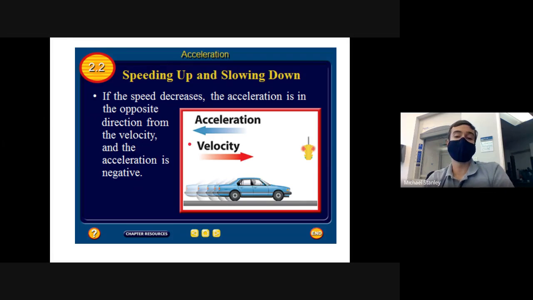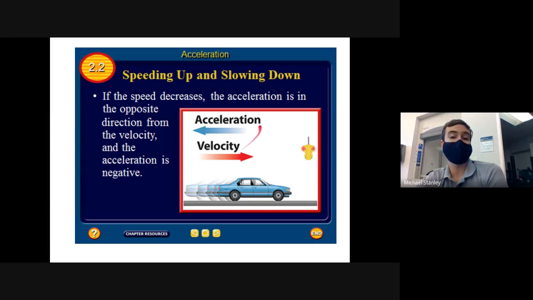On the flip side, if your speed is going down, that means that your acceleration is in the opposite direction from the velocity. So the car is moving to the right, but when you hit the brakes, all that friction in the wheels that is stopping your car is causing it to accelerate to the left, essentially.